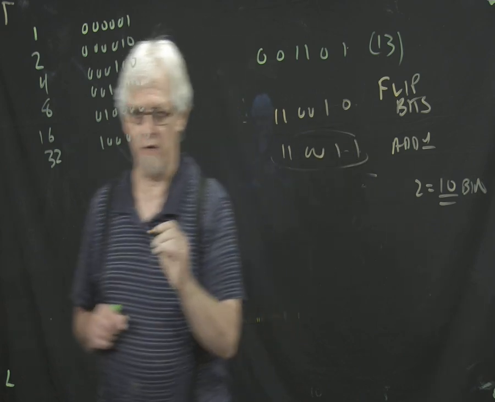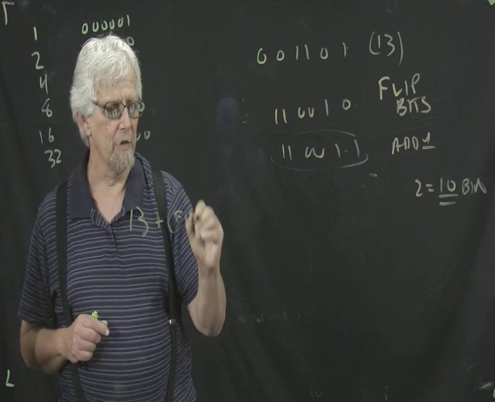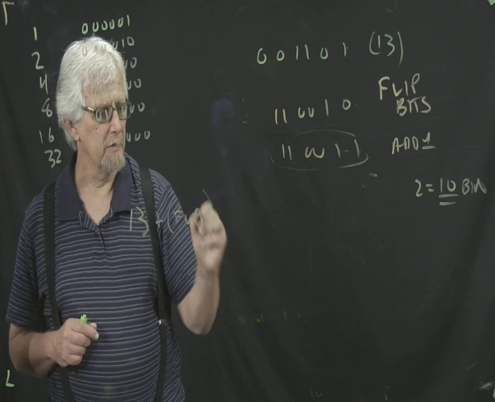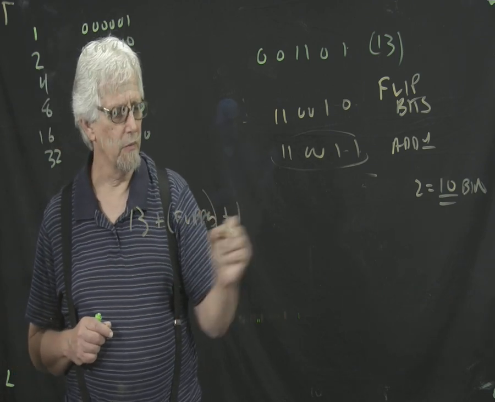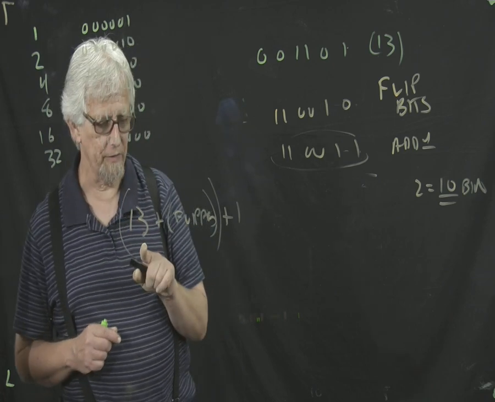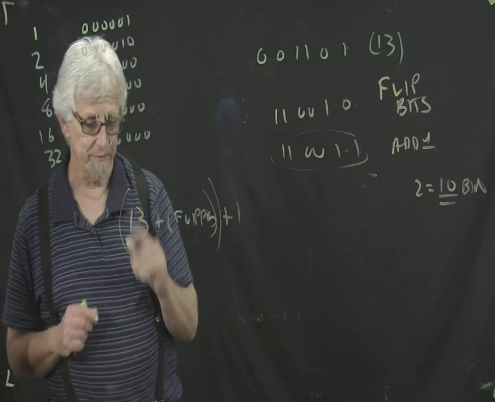So instead of plus flip plus 1, this is what we did a moment ago. We said to 13, we added in the flipped, then we added a 1, right?